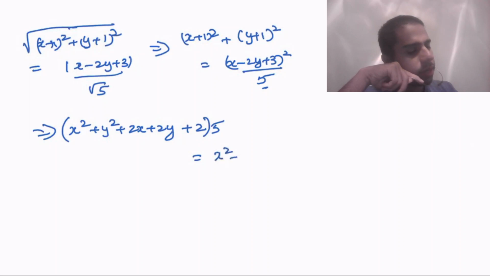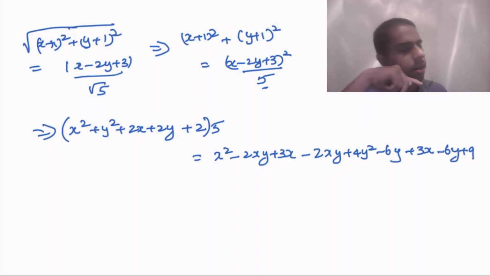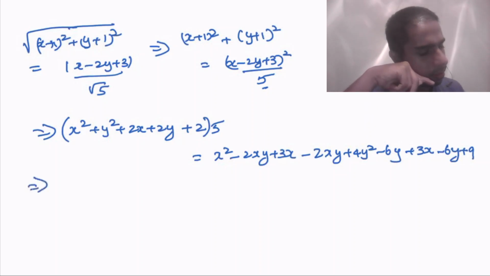You get x square minus 2xy plus 3x, minus 2xy plus 4y square minus 6y, plus 3x minus 6y plus 9. Right? Okay. So 5x square plus 5y square plus 10x plus 10y plus 10 is equal to this.